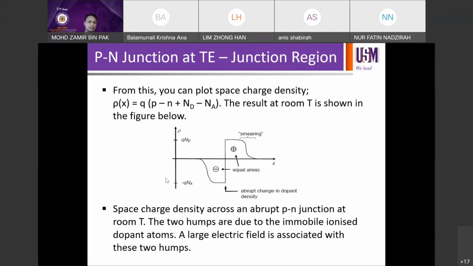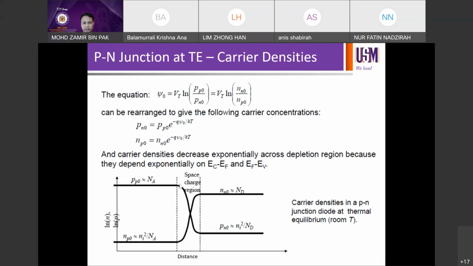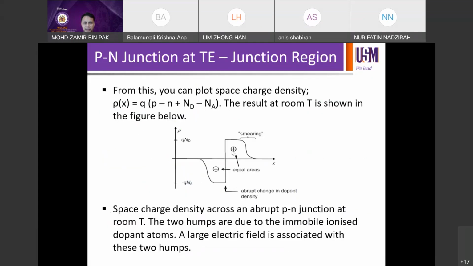From this formation, you can also plot the space charge density. The space charge density is what sits in this region, which consists of positive and negative charges. You can represent them like this. They are of equal area but opposite polarity. The positive charges reflect the N-type material, because it has lost electrons as majority carriers, leaving fixed positive charges.